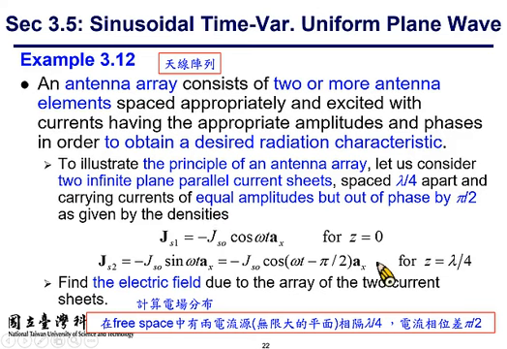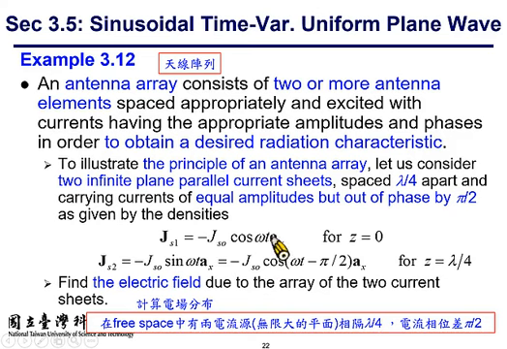So to express this situation mathematically, let's say JS1, the first current sheet, the magnitude is J sub S0, and the current at this moment, say t equal to 0, is flowing downward in the minus AX direction.